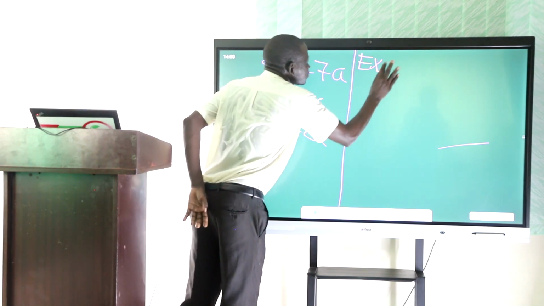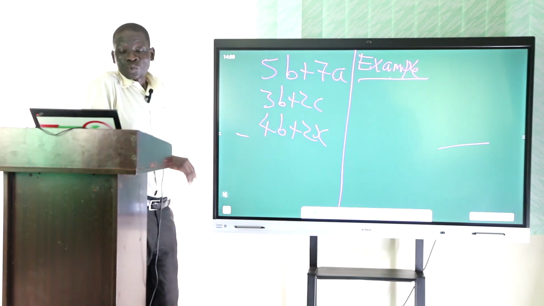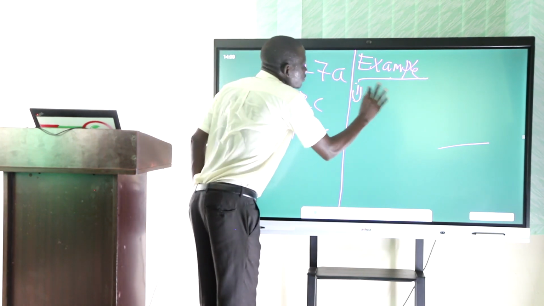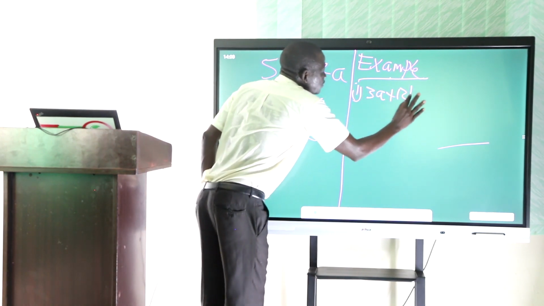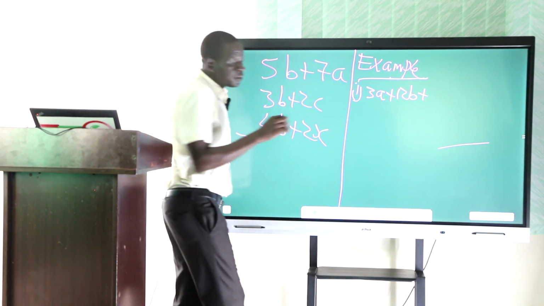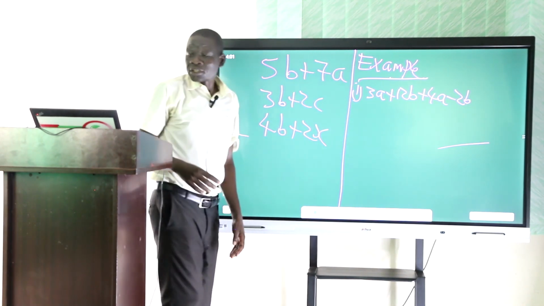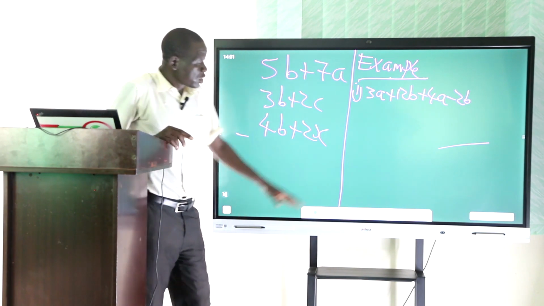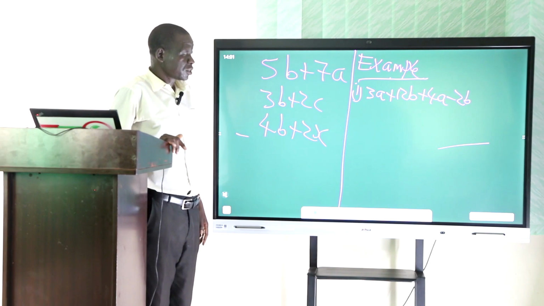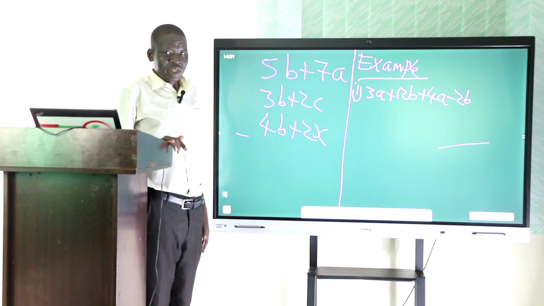Example. We have 3a plus 12b, then plus 4a minus 2b. So you can see that this is an expression which consists of unlike terms. So what we do, we collect those terms which are the same together.